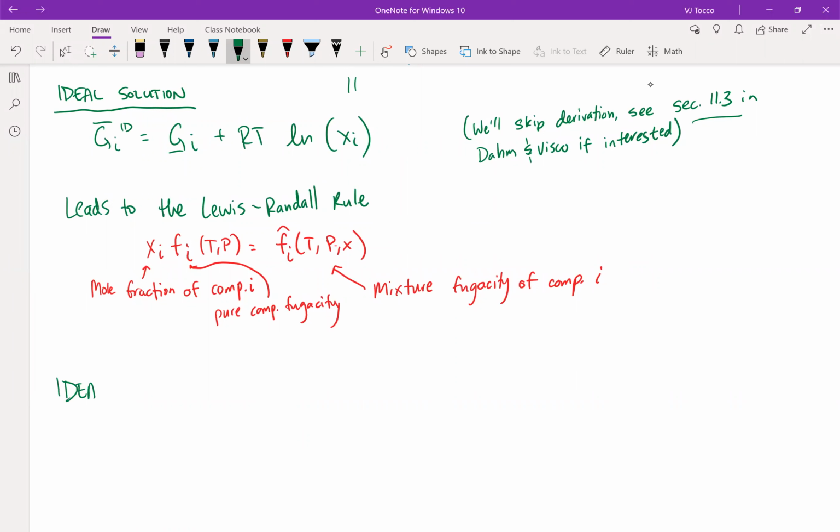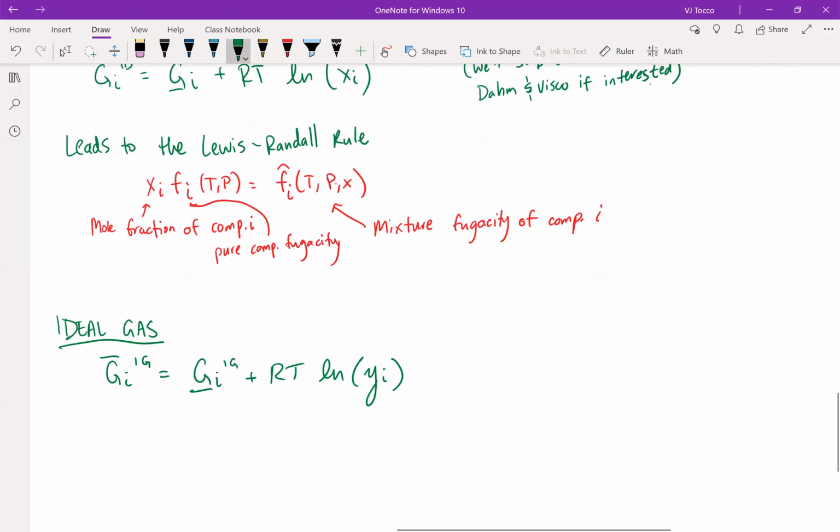For the ideal gas, where there are no interactions between the molecules anyway, we can do something similar and say that the partial molar Gibbs free energy of component I for the ideal gas, so differentiated in notation, ID is ideal solution, IG is ideal gas, is equal to GI IG plus RT ln YI. So Y again because it's a gas, it's a vapor phase, X because it's solution in a liquid phase.